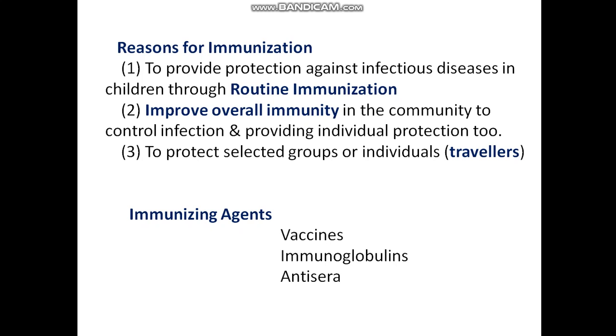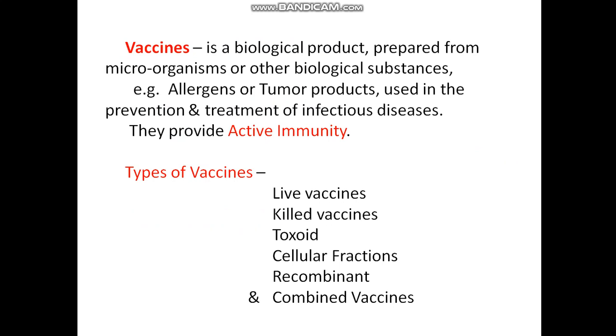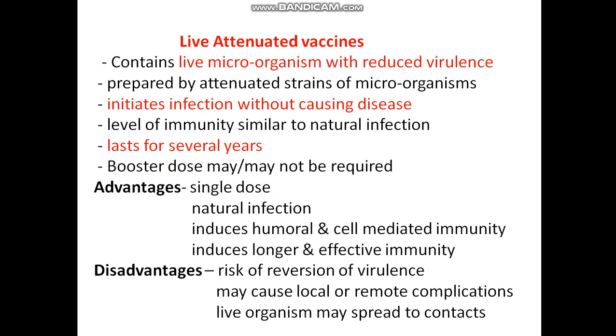Immunizing agents are vaccines, immunoglobulins, and antisera. A vaccine is a biological product prepared from microorganisms, and it provides active immunity. Types of vaccines: live vaccines, killed vaccines, toxoid, cellular fractions, recombinant, and combined vaccines.